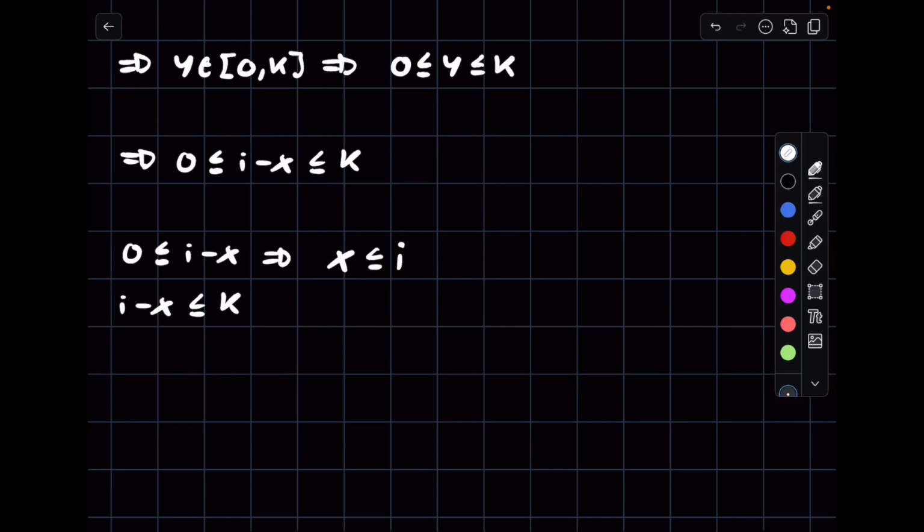And this one is going to tell us that, first of all, minus x is lower than minus I, and then we change the sign, so I minus k, right? Meaning that x is going to be greater than I minus k.